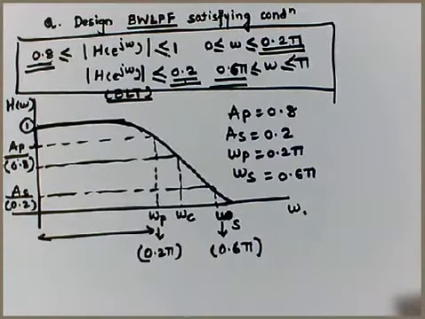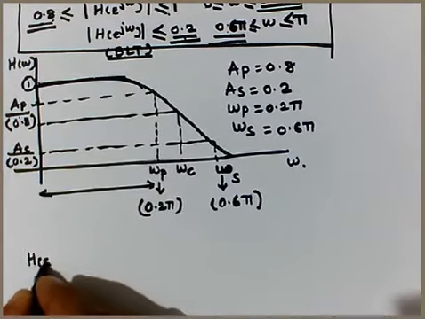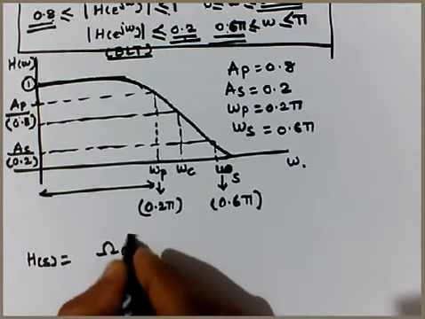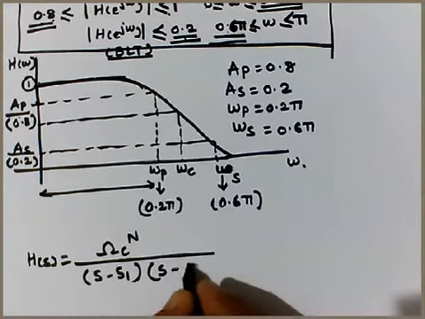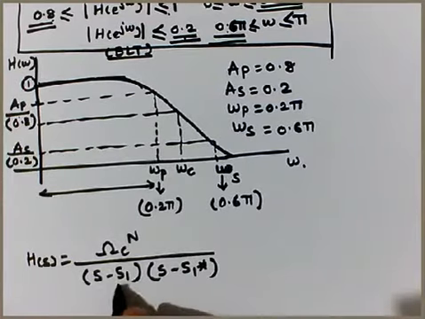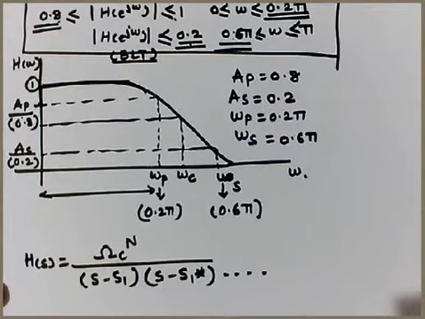Now once we have these values, we will proceed to solve the numerical further based on the values of omega P and omega S. For solving the ultimate equation for H of s, if you are able to recall, it is the equation in this format: H of s is equal to ohm c raised to n over s minus s1, s minus s1 star, or this may be written as s minus p1 into s minus p2, likewise till the end.